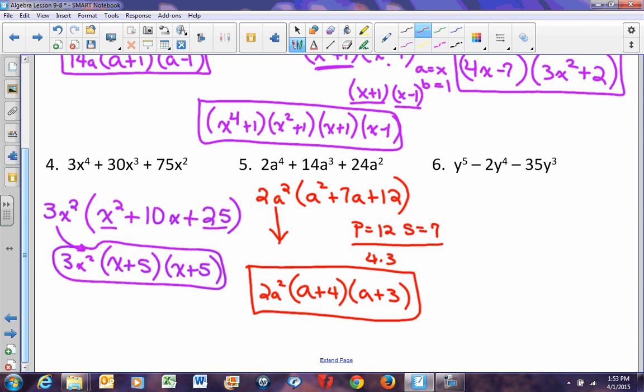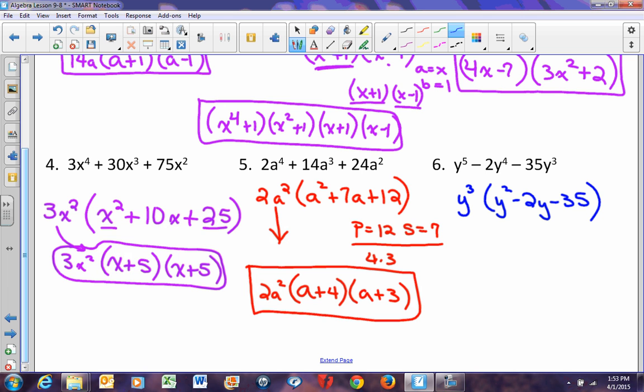Number 6. Y to the 5th minus 2y to the 4th minus 35y to the 3rd. Greatest common factor, y to the 3rd. I'm going to take out a y to the 3rd. I'm left with y squared minus 2y minus 35.